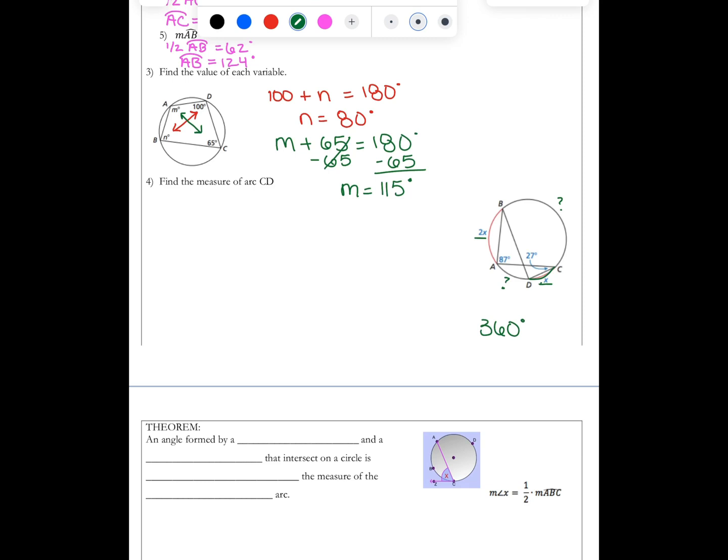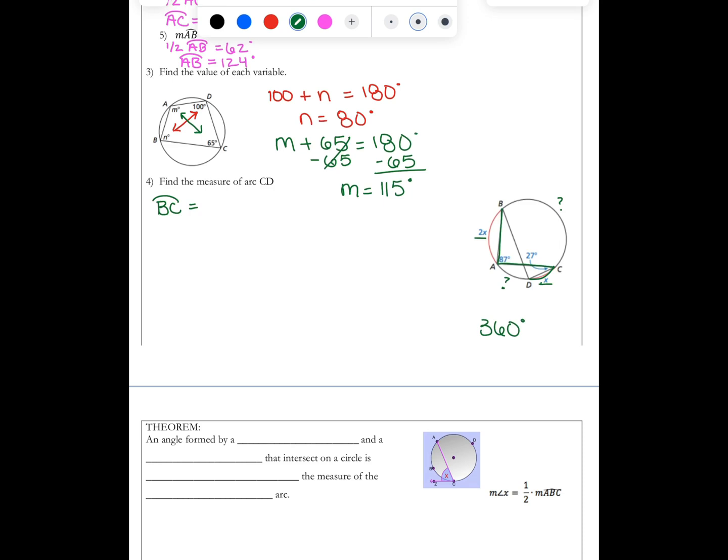So let's try to find our arc BC first. If we look at arc BC, we can see that angle BAC is 87 degrees.